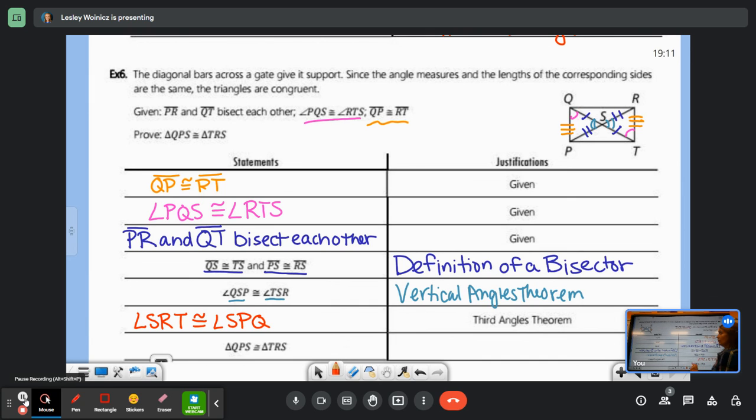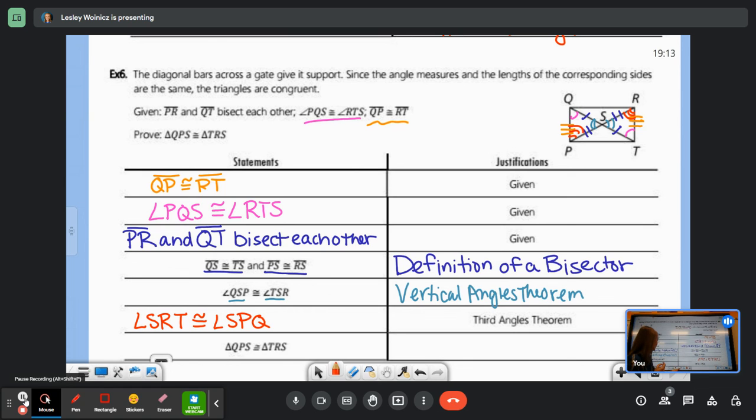Those have to be congruent because of the... hold on. It's fine. We're good. I just found another mistake. It's fine. Okay, so those are the third angles that have to be congruent. This little guy, 1, 2, 3, and this little guy, 1, 2, 3. That's a hot mess. Sorry.